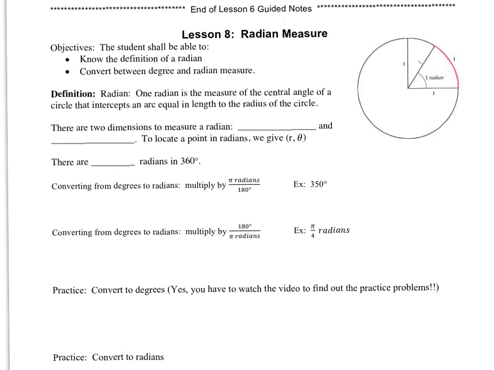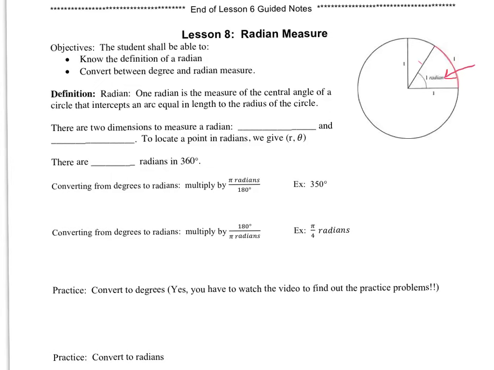So, we take that radius and we bend it around the arc of the circle, and whatever the measure of this interior angle is, that is the measure of 1 radian.